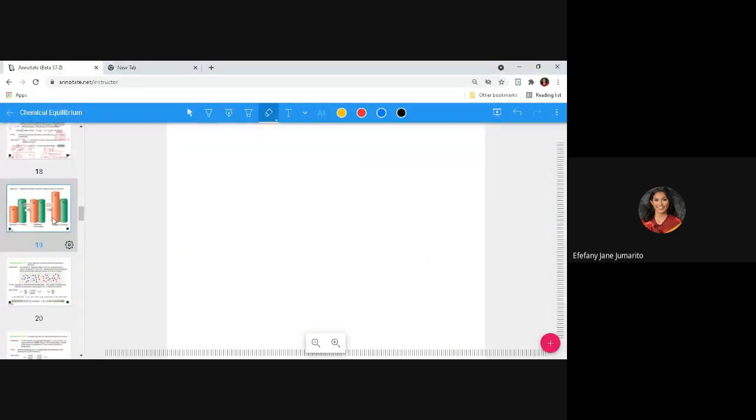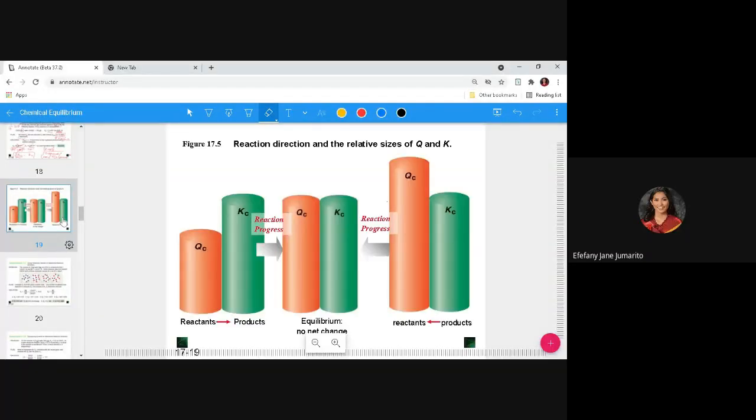When we have Qc less than Kc, it means it is not yet at equilibrium. Kc is at equilibrium. When the value of our Qc is smaller than our Kc, it means it has not yet reached equilibrium. What will happen there?